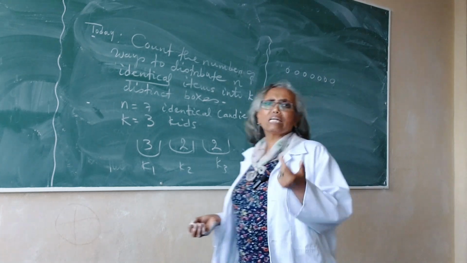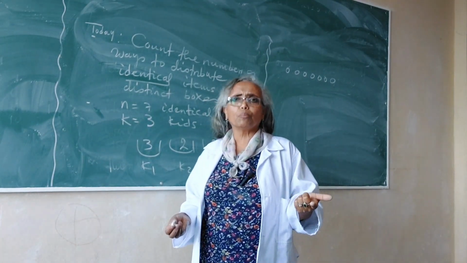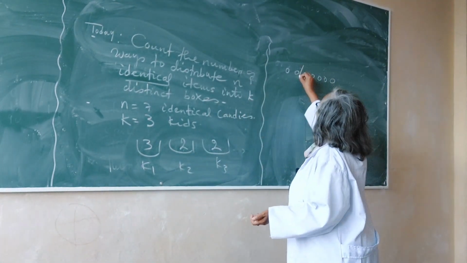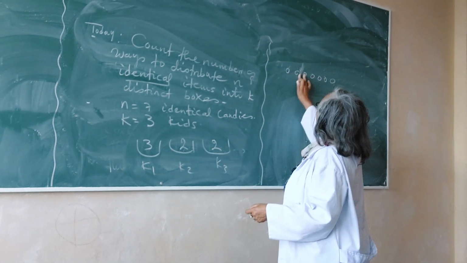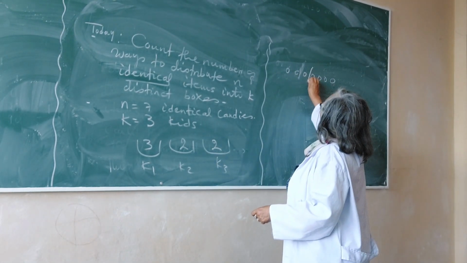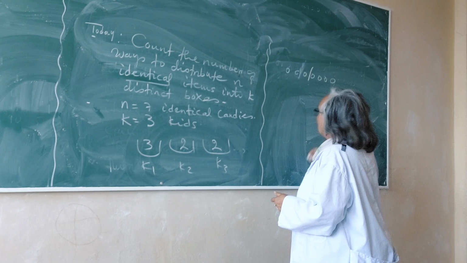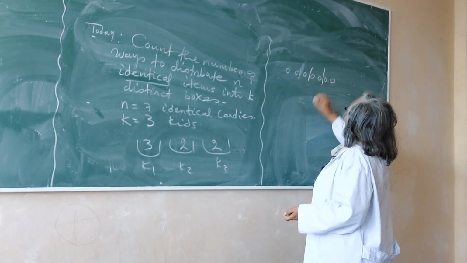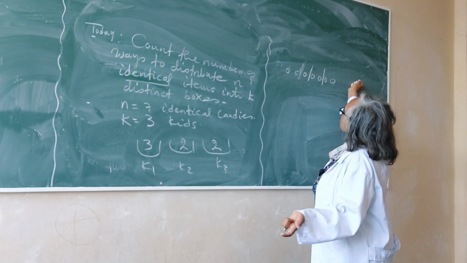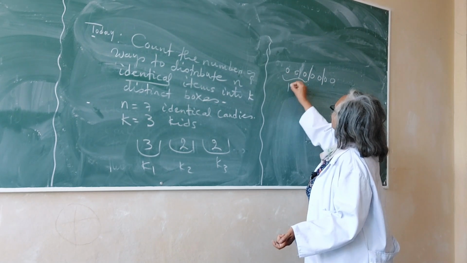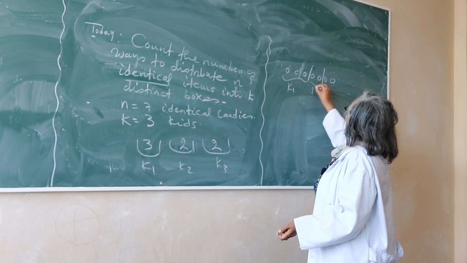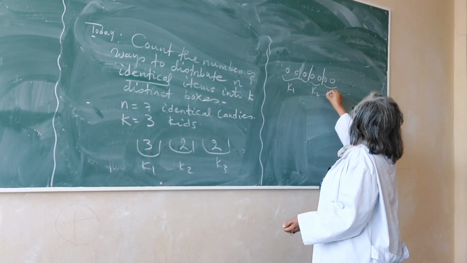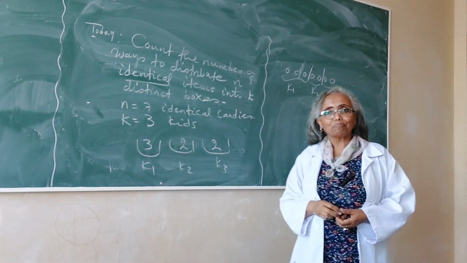To do that, I need a separator, a different symbol. So the first one was 3, then I put a separator there. Then 2, I put another separator there, and then the last group. Group 1 goes to kid 1, this goes to kid 2, and this goes to kid 3.